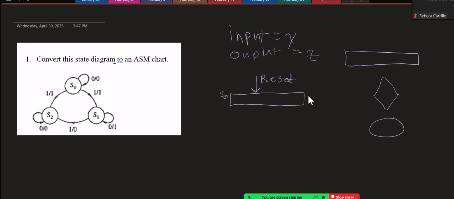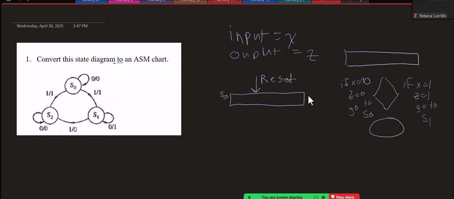And we see that if X equals 0, then we get that Z equals 0, and we would go to state S0. And if X equals 1, we see that Z equals 1, and we would go to state S1. So these are just kind of notes out there on the side.